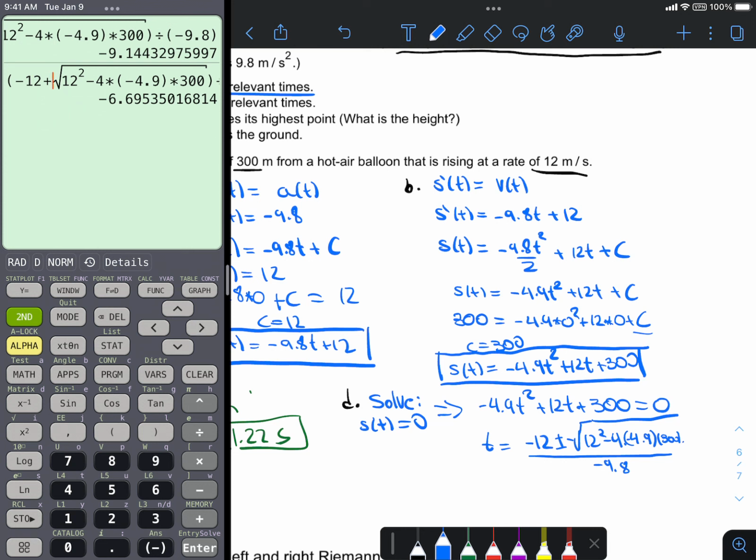Still doesn't work, but my other chance, so this was plus, so my other chance is to make it minus. So I change that with a minus sign. And now that works. Time is at 9.14 seconds. So that's how long it takes for the load to hit the ground.